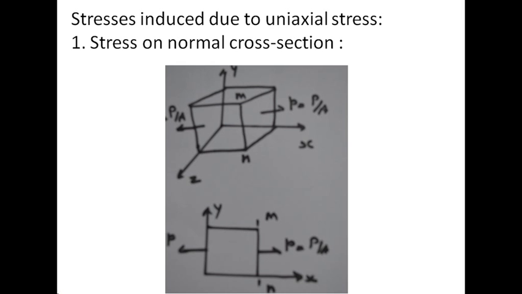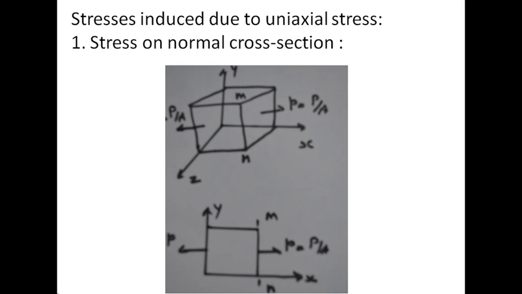This is only possible under some conditions. The first condition is that the bar should have homogeneous and isotropic material. The second condition is that the bar should be prismatic. The third condition is that the force acts at the centroid of the cross-sectional area, and the last condition is that the cross section is away from the end of the bar where high localized stress exists.